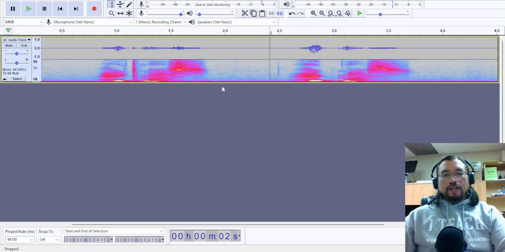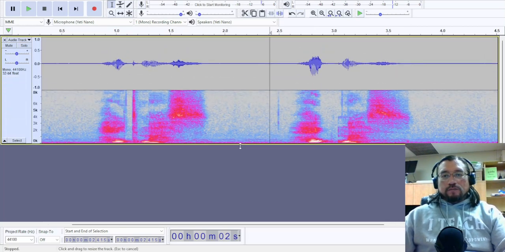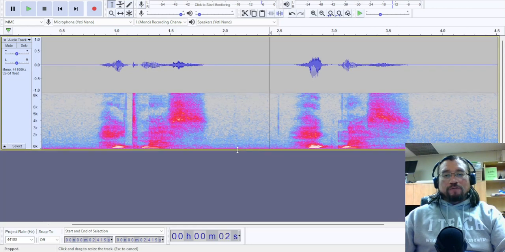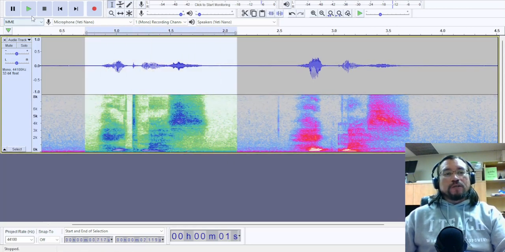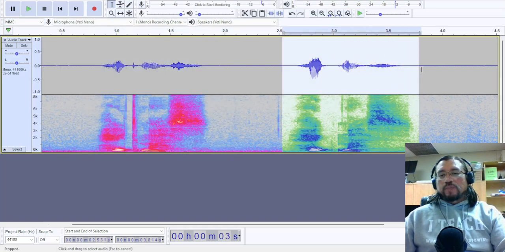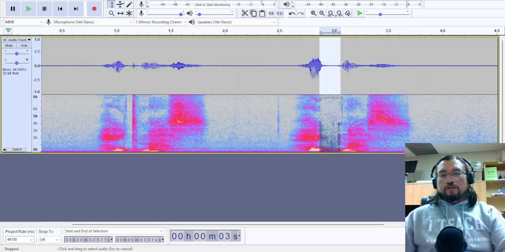Go to our waveform and spectrogram view. So let's listen to the approximate pronunciation. Hatemas. And then accurate pronunciation. Hatemas. So one thing you should really notice is this space here.